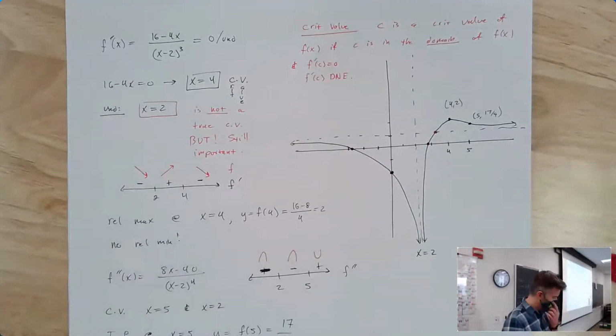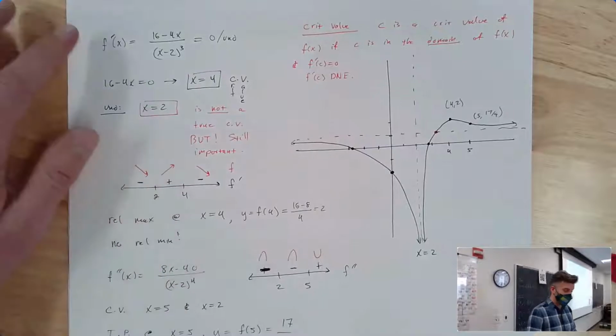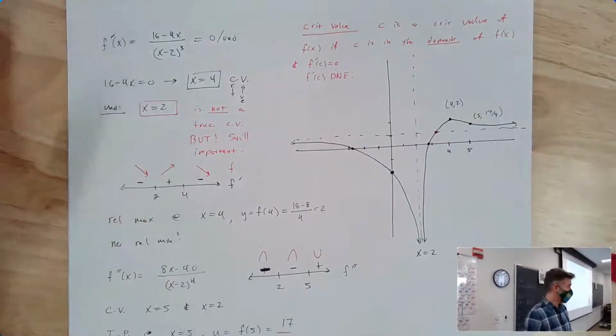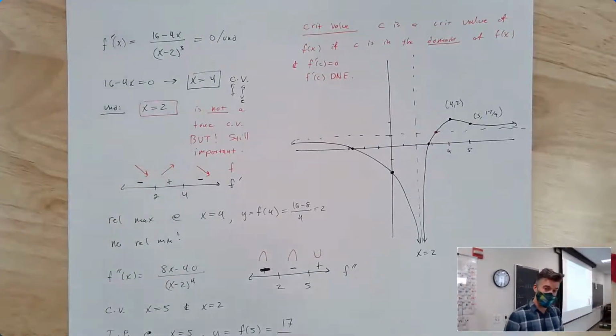So the issue here is, if you plug in 2, f prime of 2 certainly doesn't exist, but 2 is not in the domain of the original function.